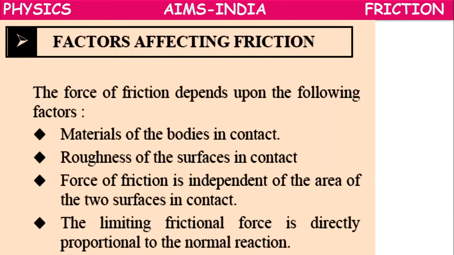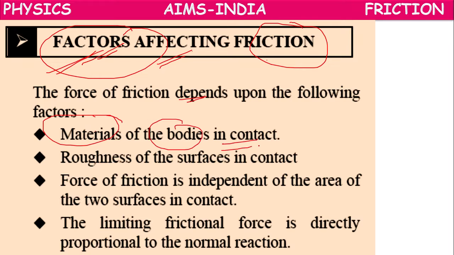Next one. Friction is affected by some factors, so because of some factors it will decrease or increase. On what factors does it depend? First one, the materials of the bodies in contact. Suppose we have kept a block on sand, or we have kept a block on ice.